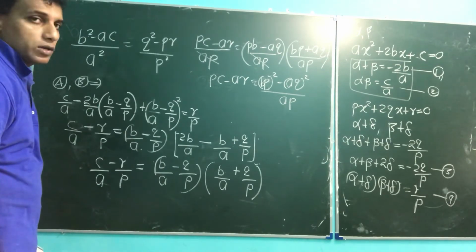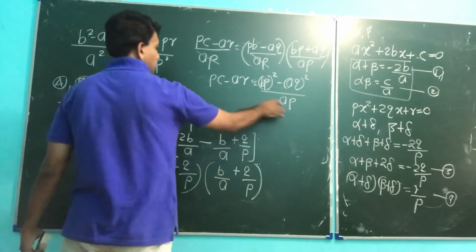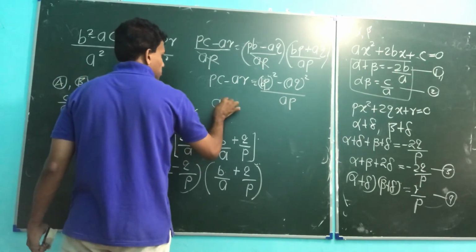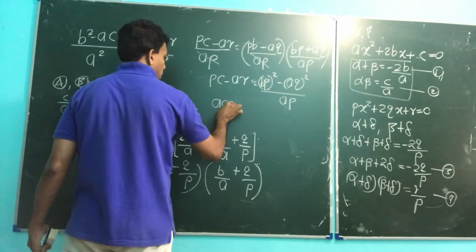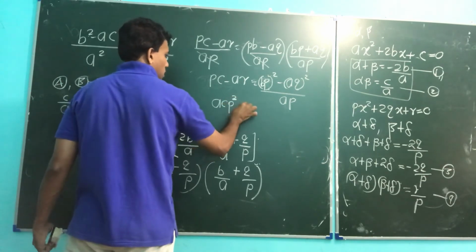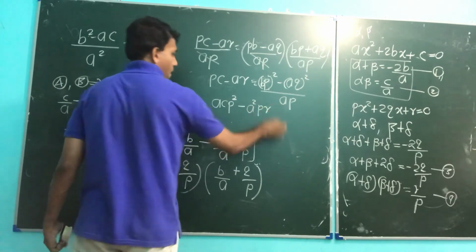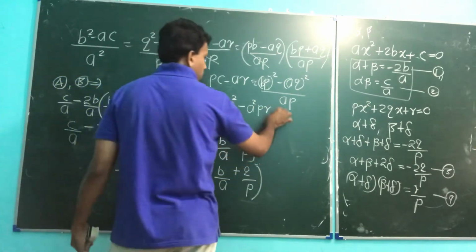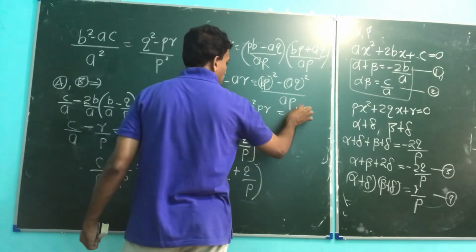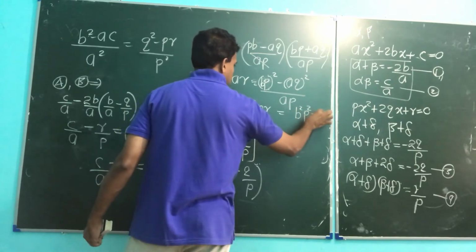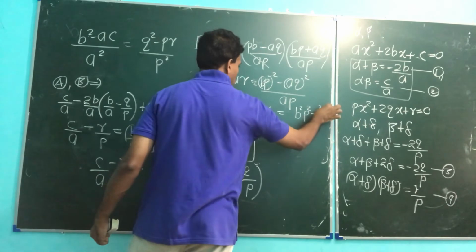Okay, now cross multiply this. Cross multiply: A C P square, A square PR, and the other one B square P square minus A square Q square.